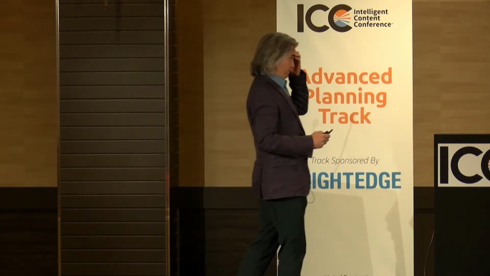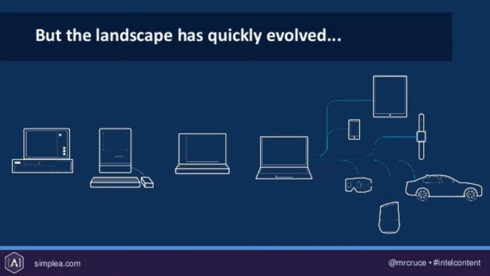So we could have content live in perpetuity, accessible to all, right? So that's great. But then our landscape very quickly evolved, and we ended up with multiple channels of devices and multiple channels of distribution. So that transformation has ended up leaving us with different modes of publishing.